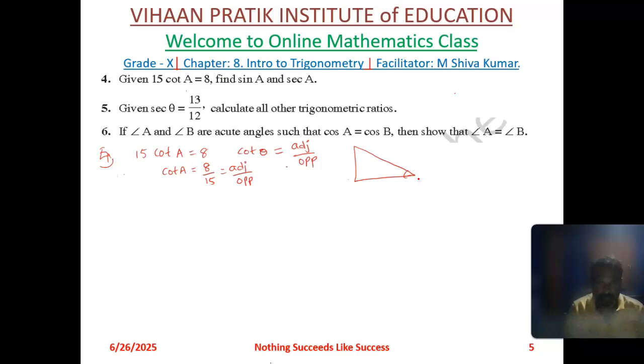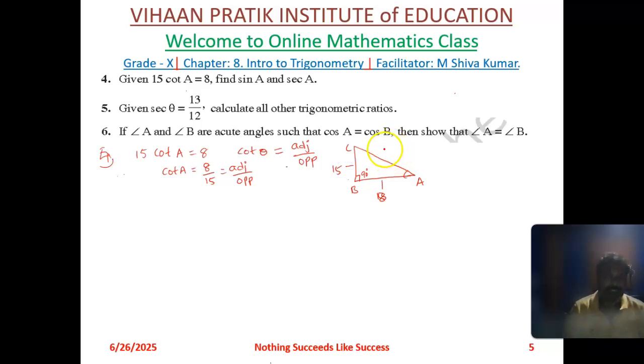Here we are measuring angle A, this is B and this is C, right angled at 90 degrees at B. With respect to angle A, the adjacent side is this and the opposite side is this. The value of the adjacent side is 8, and the value of the opposite side is 15.